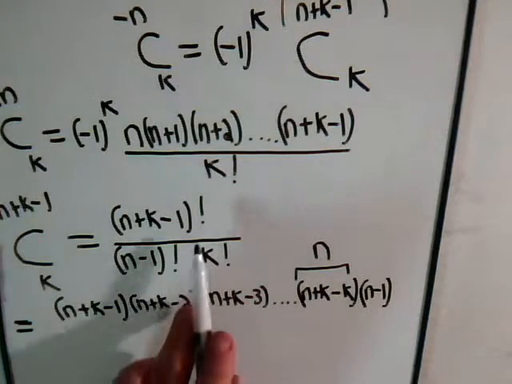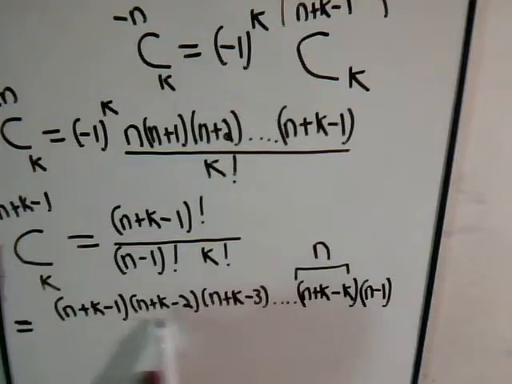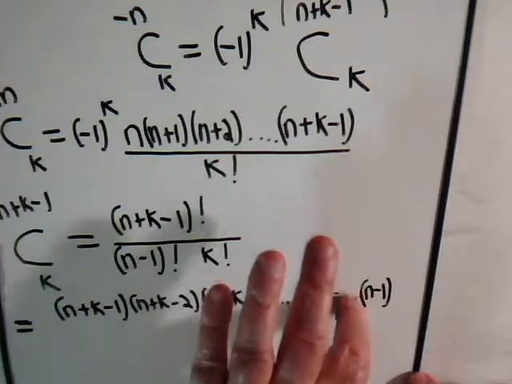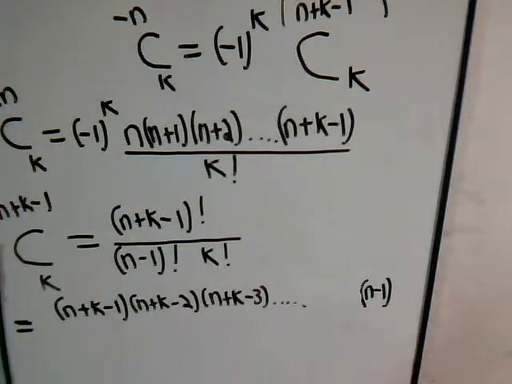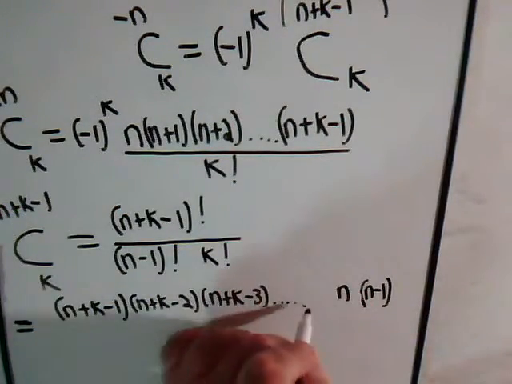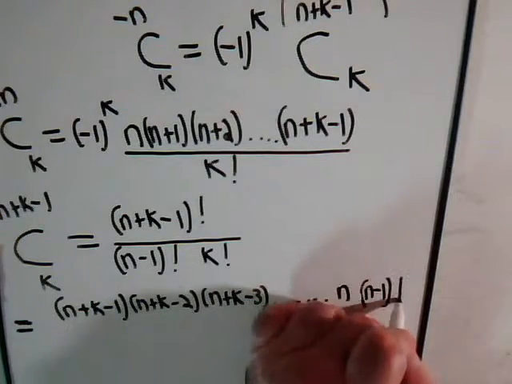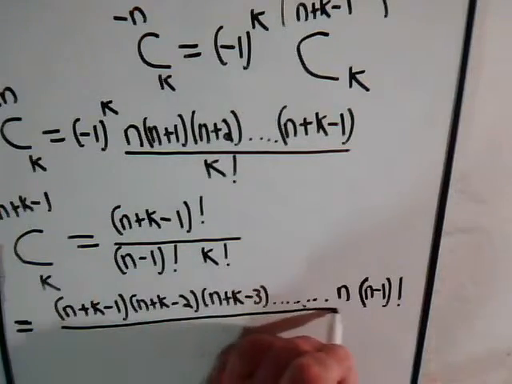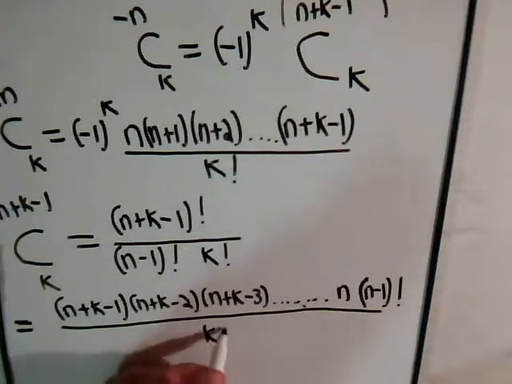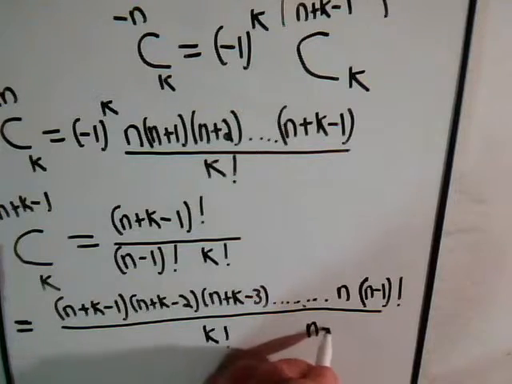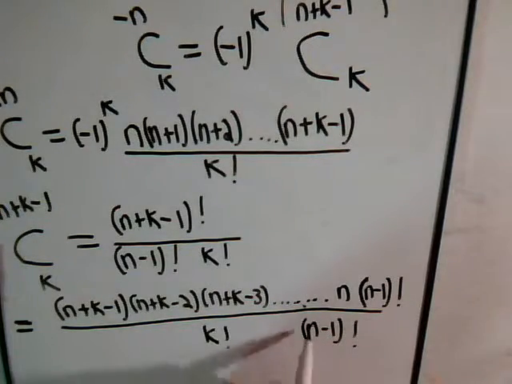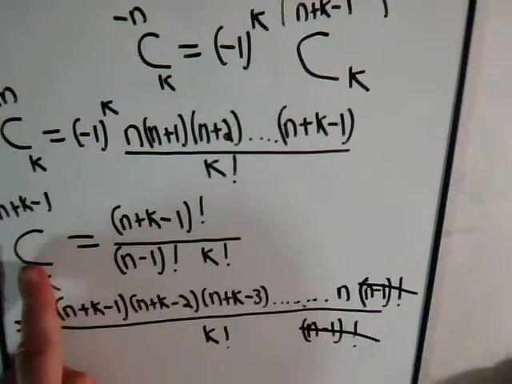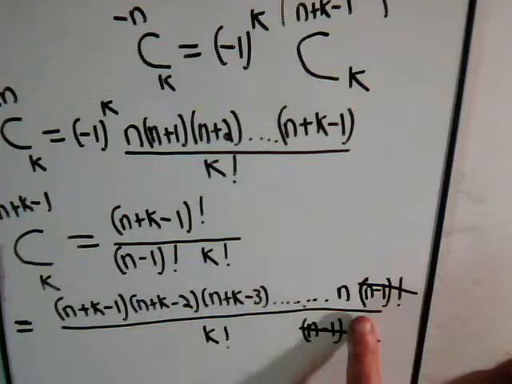So this here is equal to this. In fact, let's just write the n in here, times n minus 1 factorial. And down here we have k factorial times n minus 1 factorial. And these cancel. So this expression is equal to this.